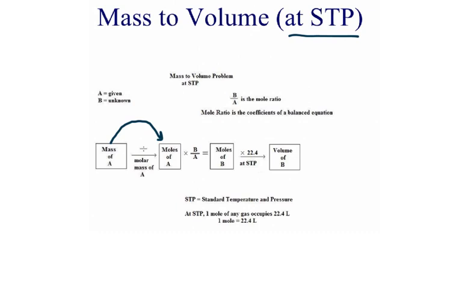When you're going from mass to volume, you change to moles as your first step so that you can cross the bridge. Once you're in moles, you multiply by the mole ratio, which is B over A, and that will give you the moles of the unknown or moles of B. Now, they don't want the answer in grams nor moles. They want it in volume. Usually, they'll ask you for liters.